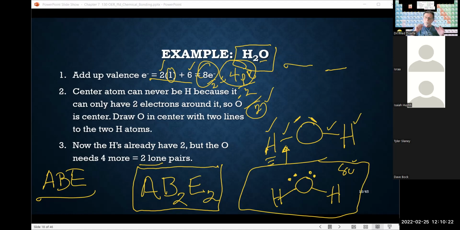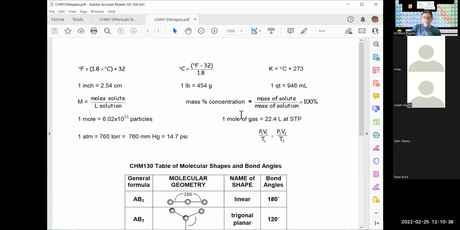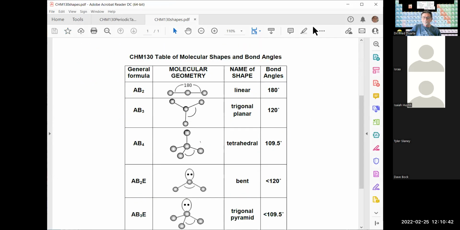Now, what do we do with that information? Well, once we know that, we go to the shapes table. And if you've not downloaded that shapes table and are not familiar with it, that's a good time because you're going to utilize it quite a bit. In the shapes table, to refresh your memory, we have 4 columns.